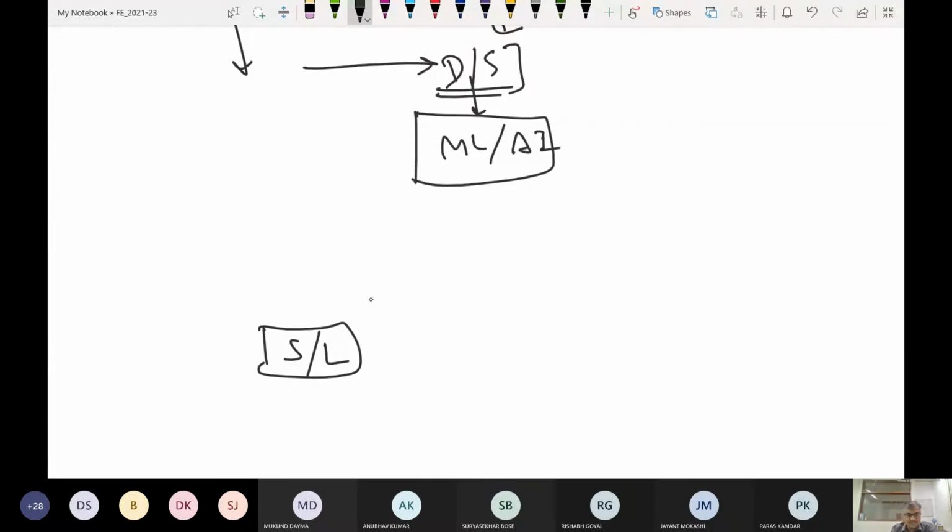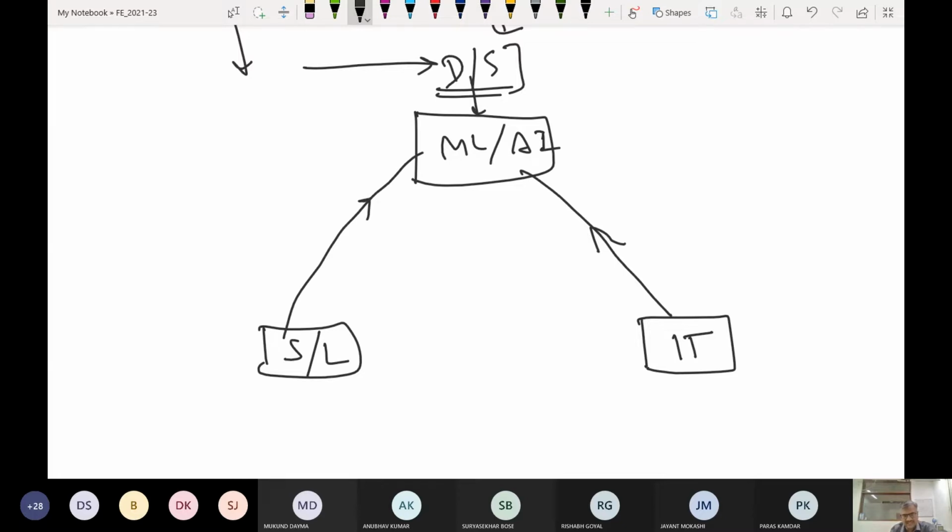Now the question is, when we talk about the extreme of data science, one more area which comes into the picture is IT, information technology. You want to be very good at data science, which is the application of machine learning and artificial intelligence. There are two ways. You can start as an IT professional and get a hold over it, but you will find that unless you have statistical learning, you won't be a very good data scientist.